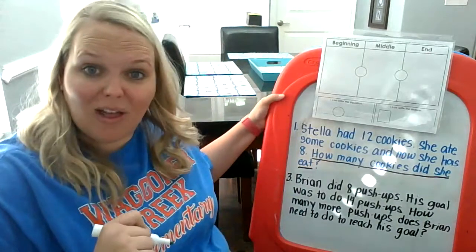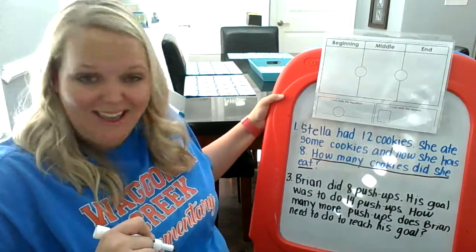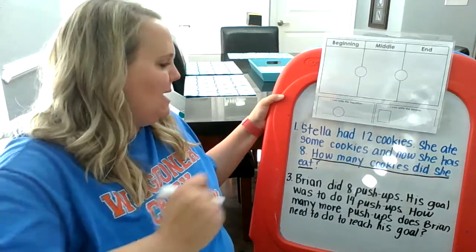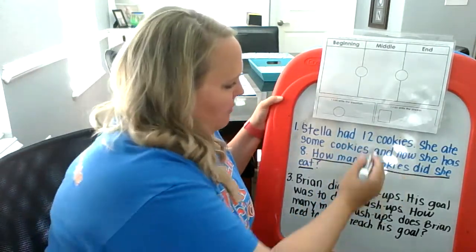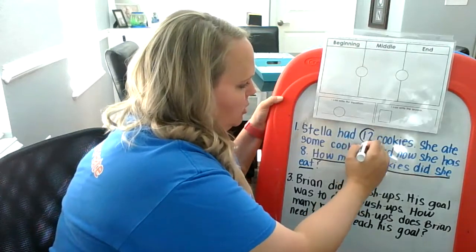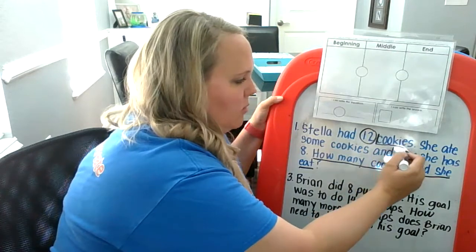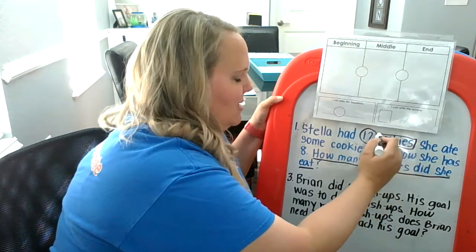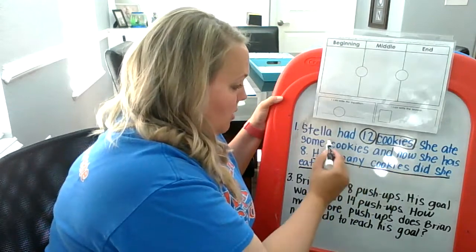And I want you to underline that on your paper also. So we want to know how many cookies she ate. So in the beginning, it said Stella had 12 cookies. I'm going to circle my information, which is 12, and I'm going to put a box for my label. The label is what we're talking about. We're talking about cookies. So she had 12 cookies, and she ate some cookies.